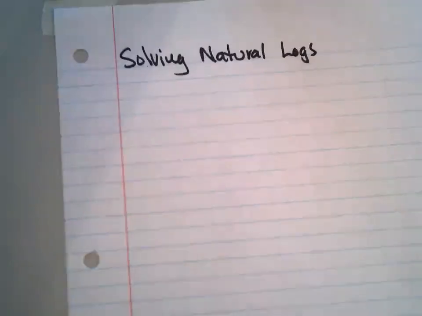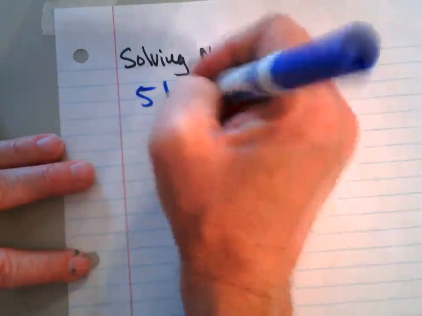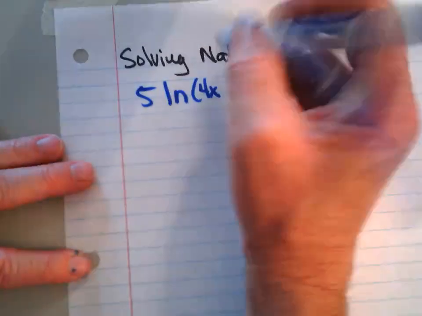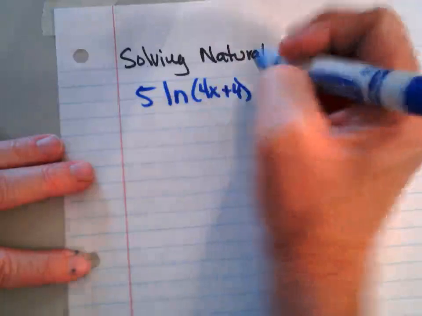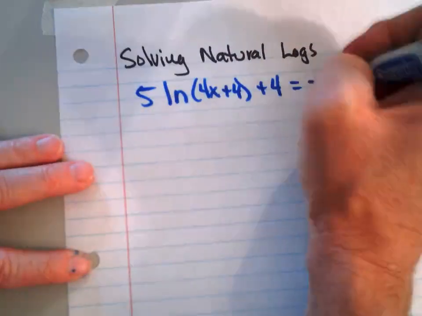Okay, moving along. Solving a natural log. Got 4 more problems. Solving a natural log: 5 natural log of 4x plus 4, plus 4 equals negative 11.